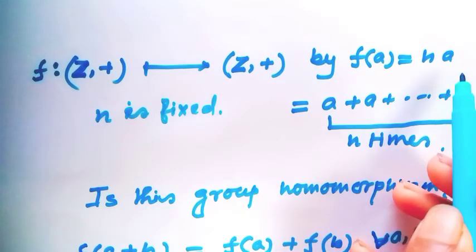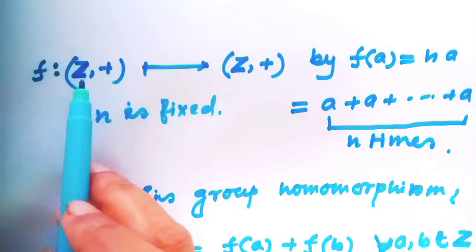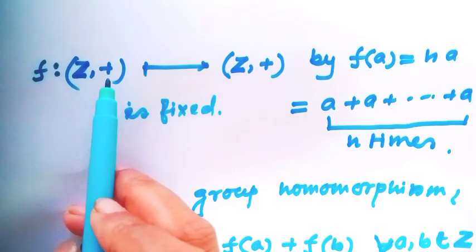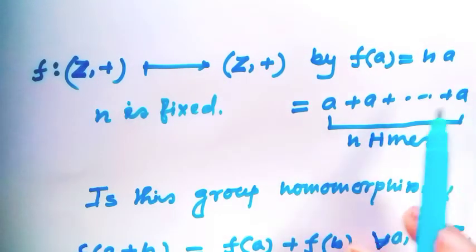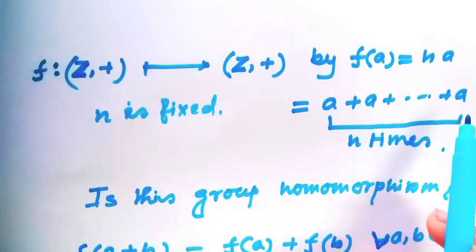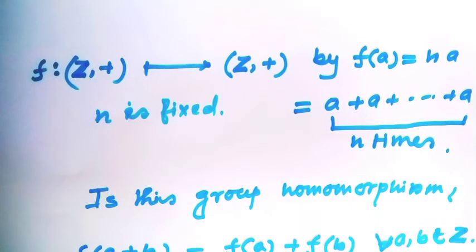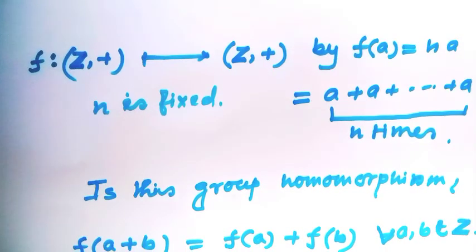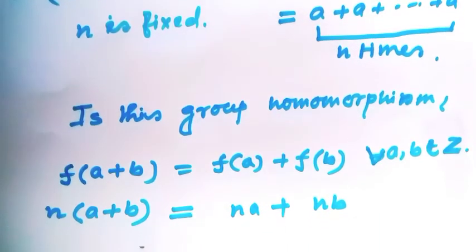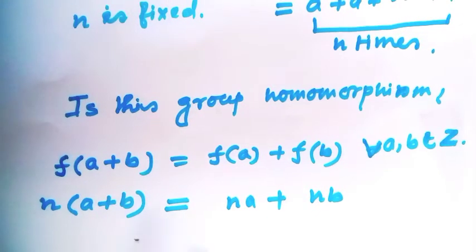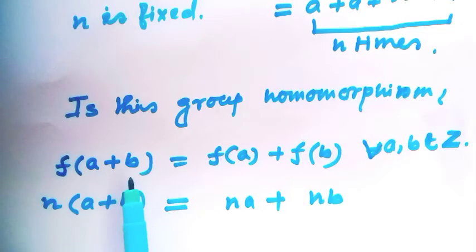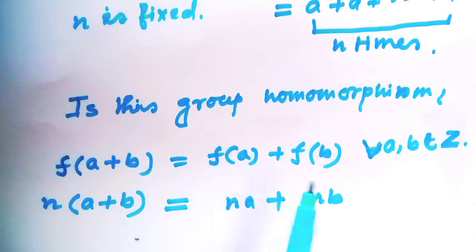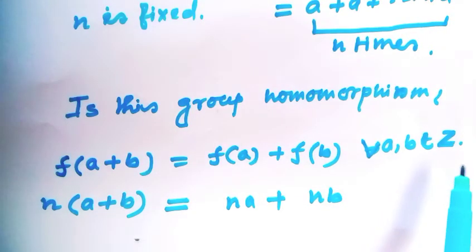And what is n a? Since the operation is addition here, n a means a plus a up to n times. Now my question, is this a group homomorphism? If it is a group homomorphism, then f of a plus b equal to f of a plus f of b for all a, b any integer.